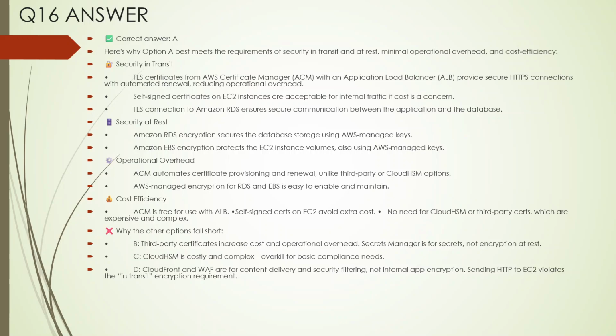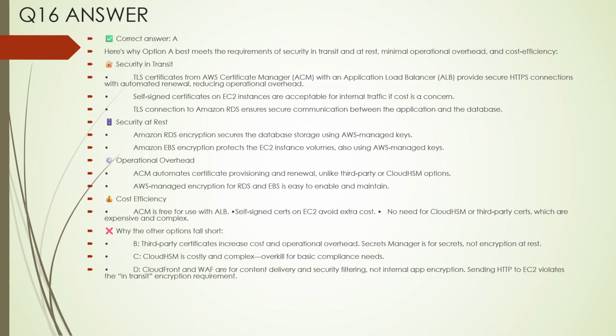For security in transit, a TLS certificate from AWS Certificate Manager with an application load balancer provides a secure HTTPS connection with automated renewal, reducing operational overhead. Self-signed certificates on EC2 instances are acceptable for internal traffic if cost is a concern.